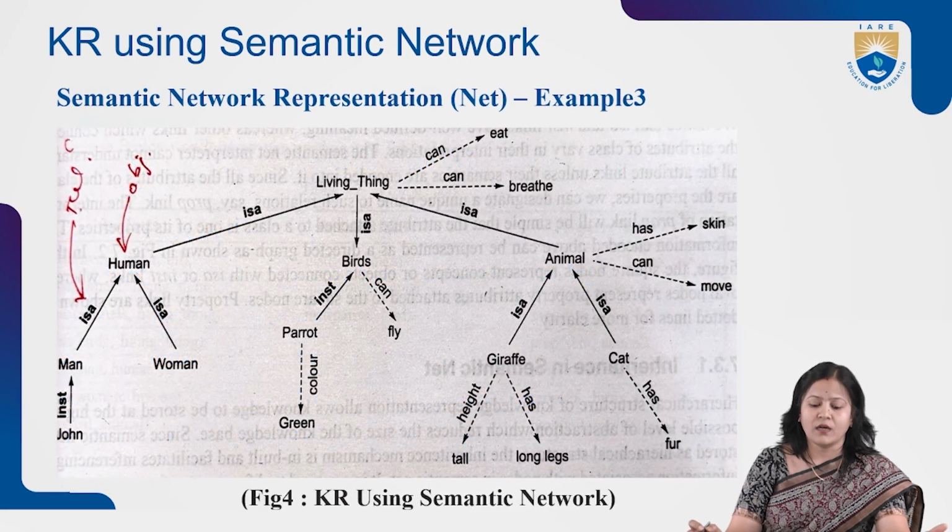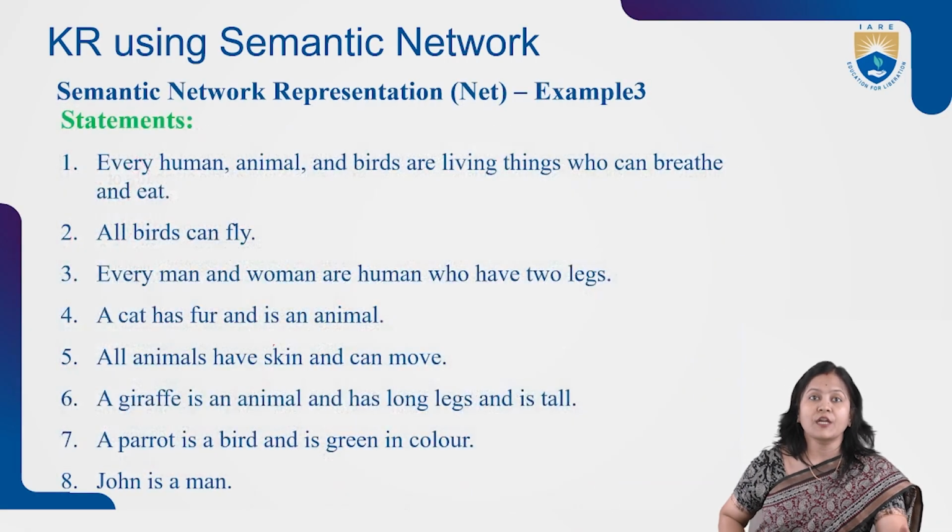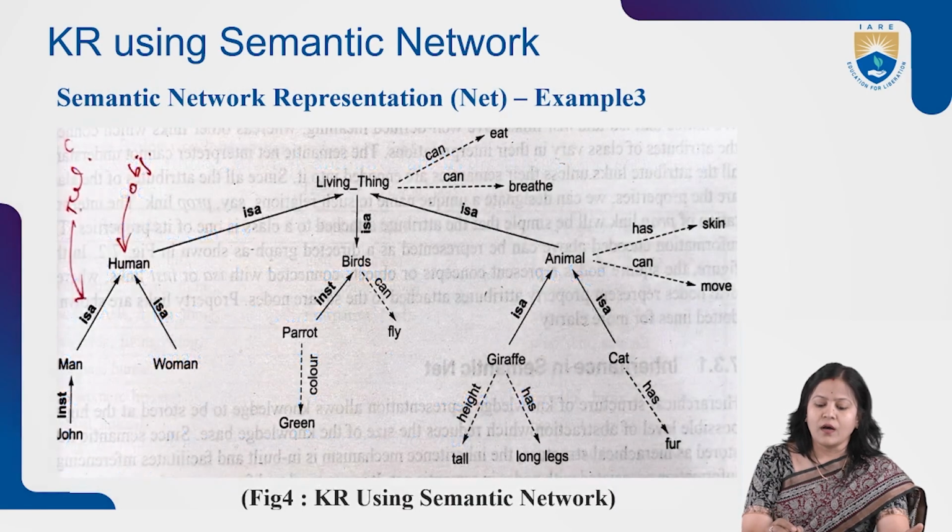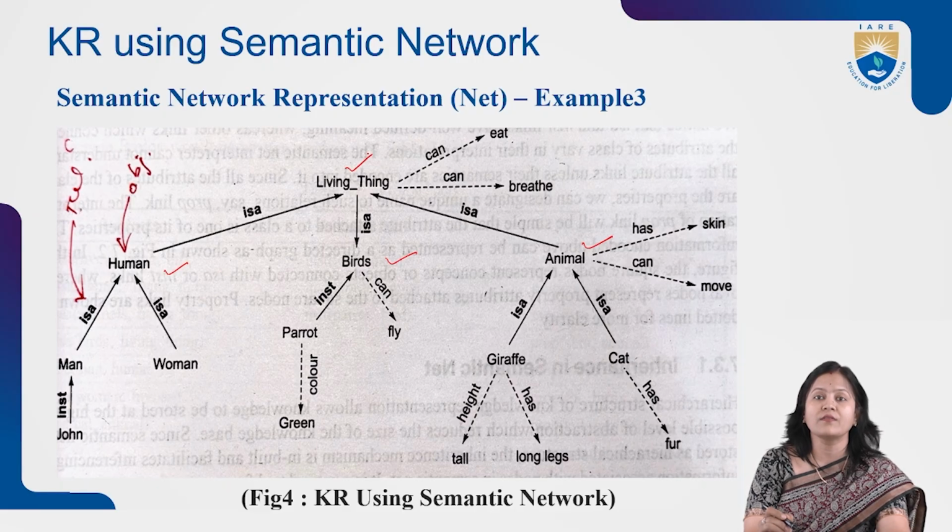Now you can see here, as per the first statement, every human, animal and birds are living things who can breathe and eat. Human, birds and animal, all three come under living things.